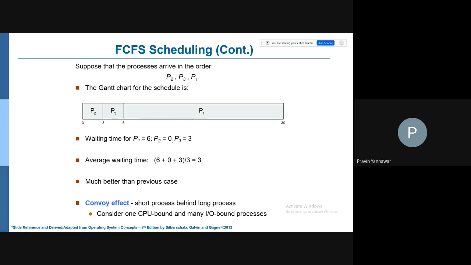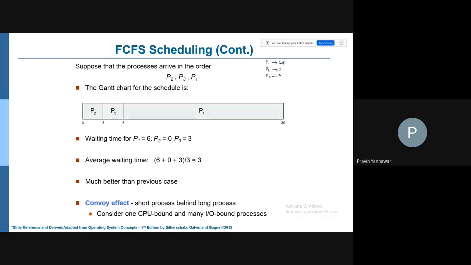Now suppose that we have this in a different order. Out of these 3 processes, P1 requires 24 cycles, P2 requires 3 cycles of burst time, and P3 also requires 3 burst time.